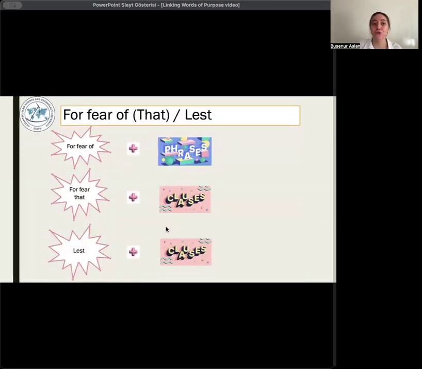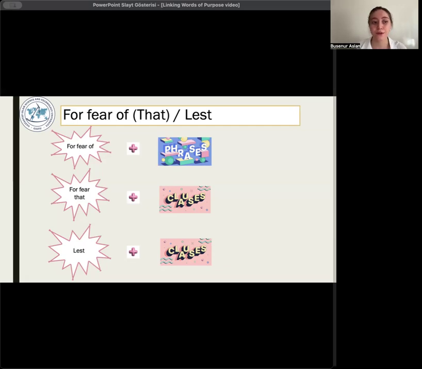Let's look at the structure of for fear of, for fear that, and lest. The meaning is a little bit different, but also the same, because if we are acting for fear of something, you have a purpose, you have a reason to act, and you will understand it better in the examples.